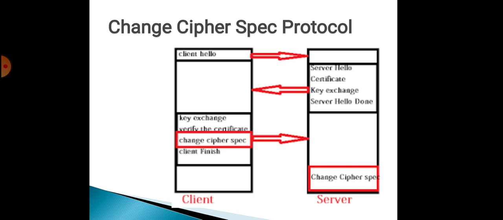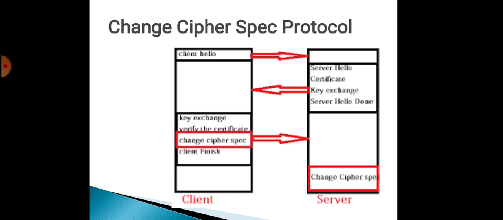The change cipher specification protocol is used to change the encryption being used by the client and server. It is normally used as a part of the handshake process to switch to symmetric key encryption. This protocol consists of a single message, which consists of a single byte with the value 1.